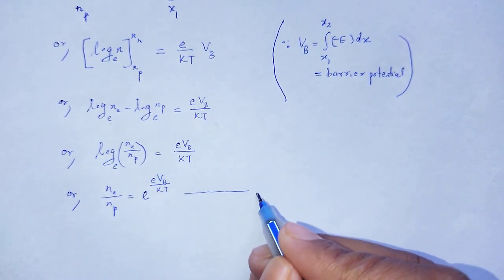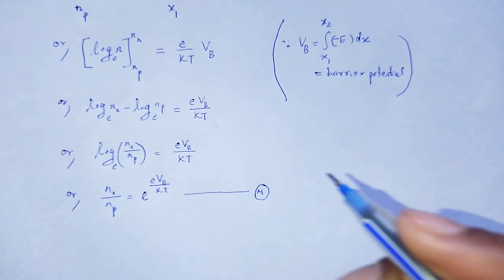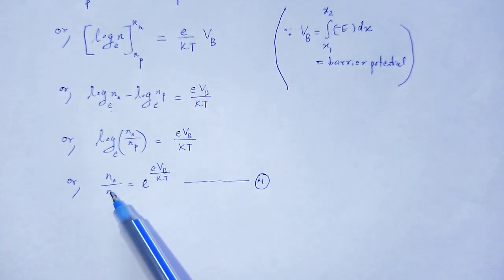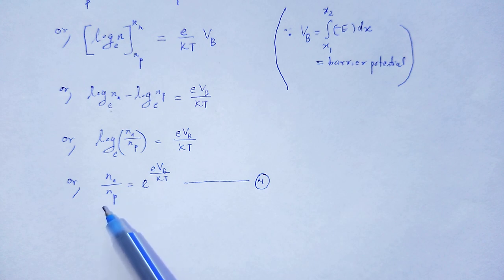Equation number 4. That is the ratio of electron density at the depletion region in the n region to the electron density at the depletion region in the p region.